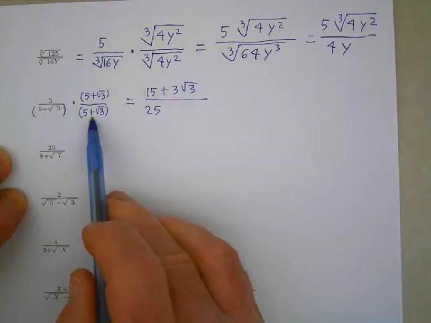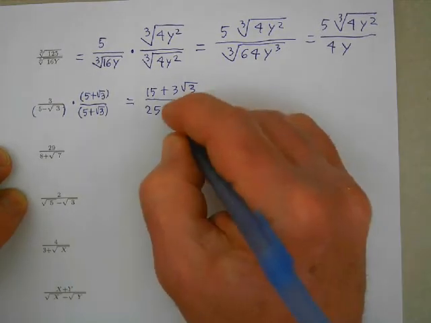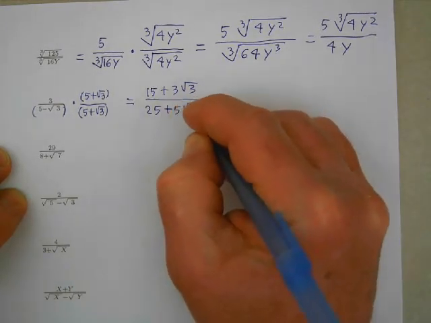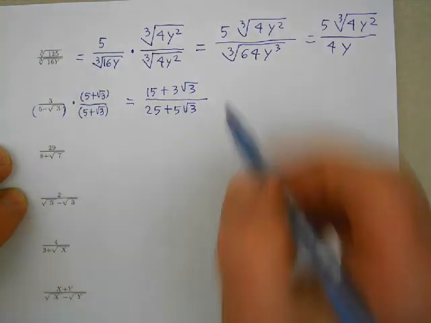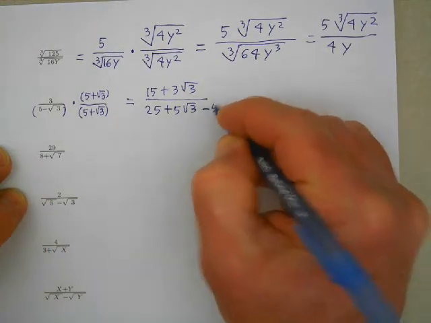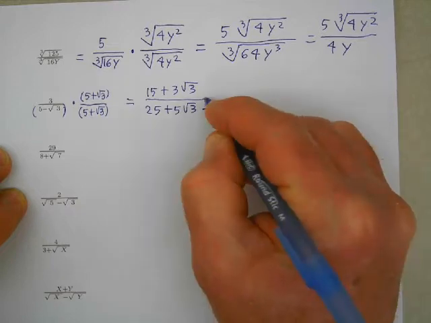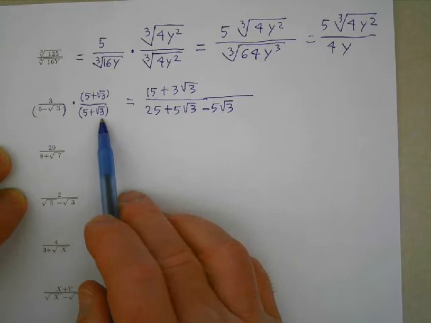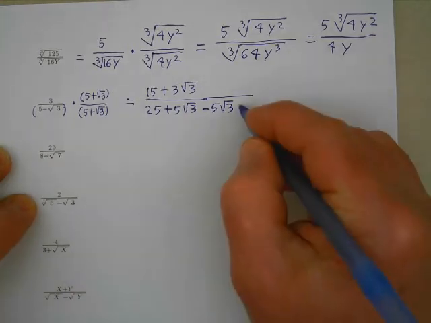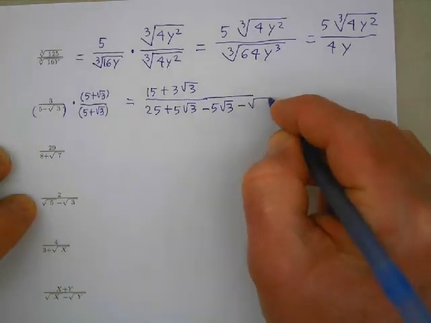And then we're going to add 5 times the square root of 3. And then we're going to subtract the square root of 3 times 5, which is minus 5 times the square root of 3. And then finally, we're going to subtract the square root of 3 times the square root of 3, which is minus the square root of 9.